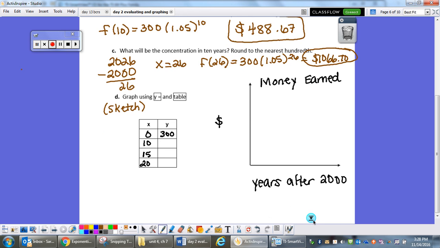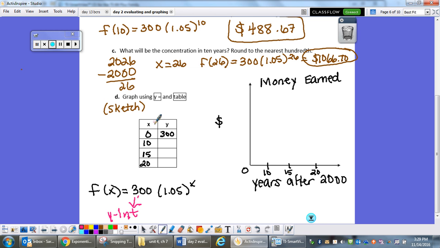Okay, so then we have our 0, 10, 15, and 20. Again, this is just a sketch, and based off of our equation, f of x equals 300 times 1.05 to the x power, you know your y-intercept is 300.